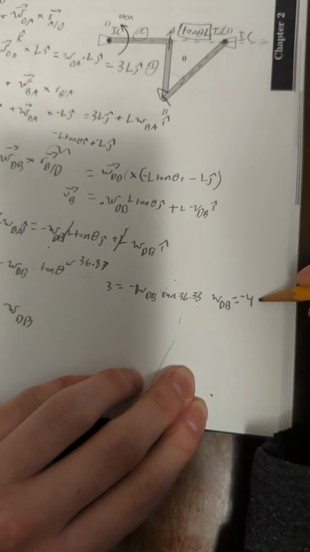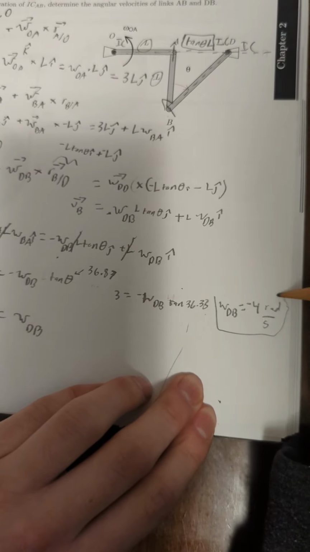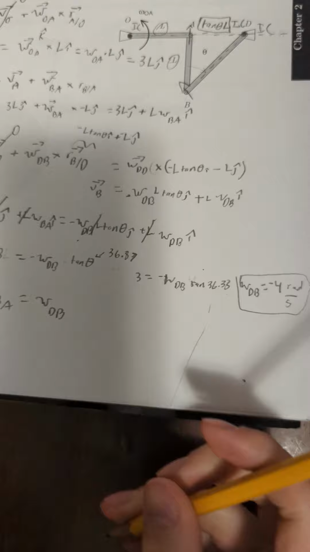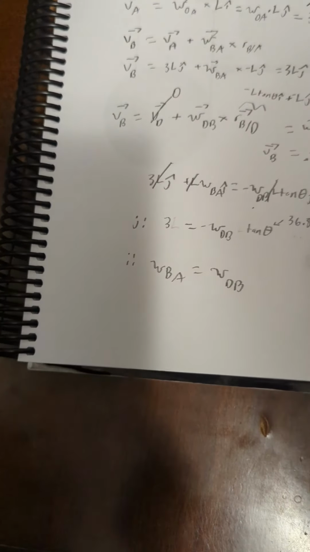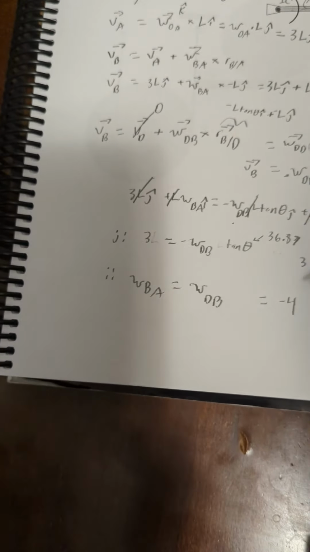We get that omega DB is negative 4 radians per second. And then we find that omega BA is the same as omega DB, therefore omega BA is also negative 4 radians per second.